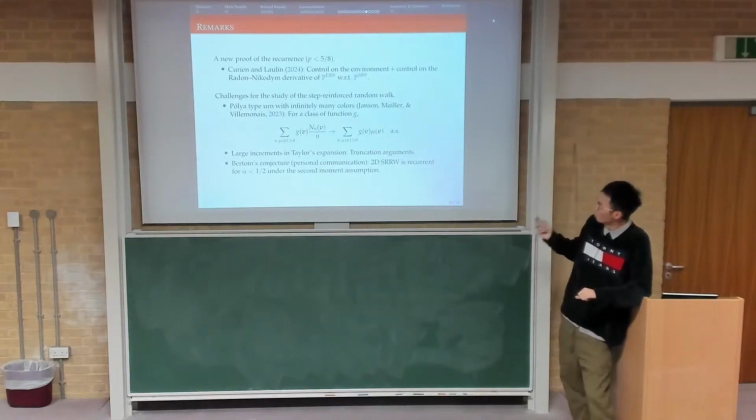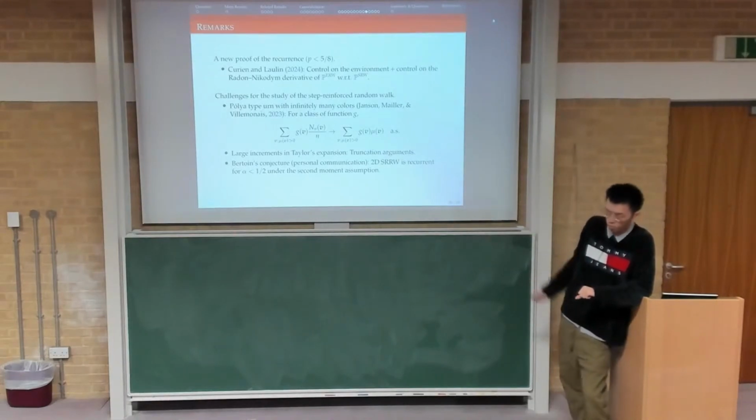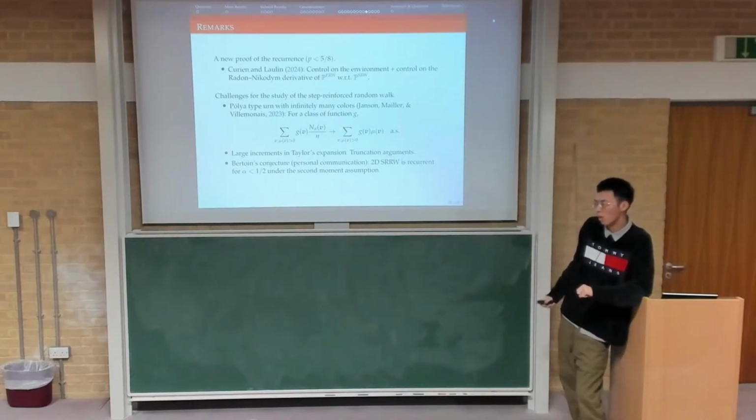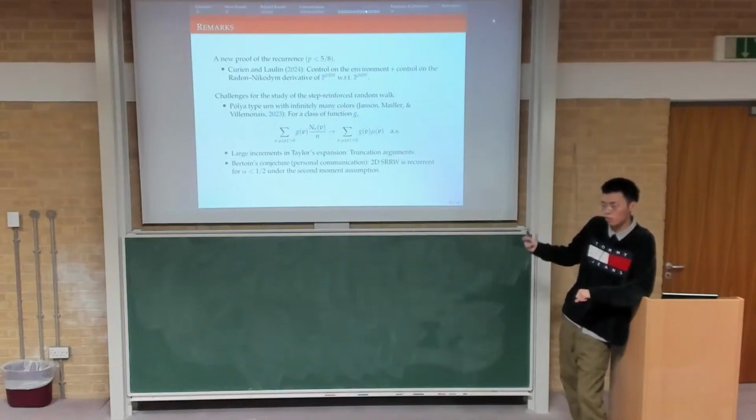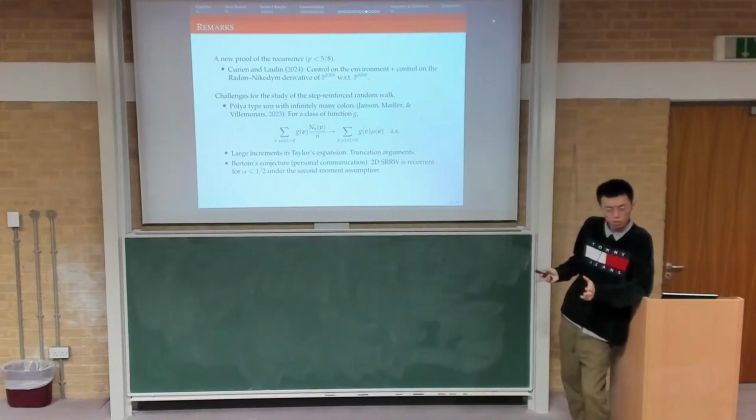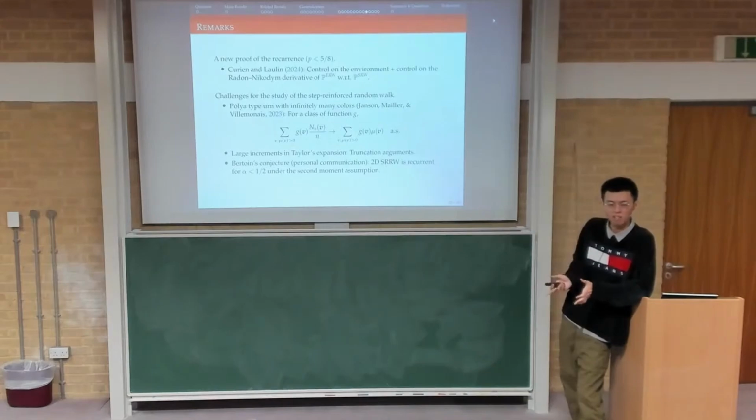Okay. But one can, of course, try to use the Lyapunov function method for the stable reinforcement walk. But I just want to mention that there are a few things that are different. One thing is that for the stable reinforcement walk, basically to control the local environment, here we have infinitely many kinds of steps, or it's somehow equivalent to saying that we have urns with infinitely many colors.